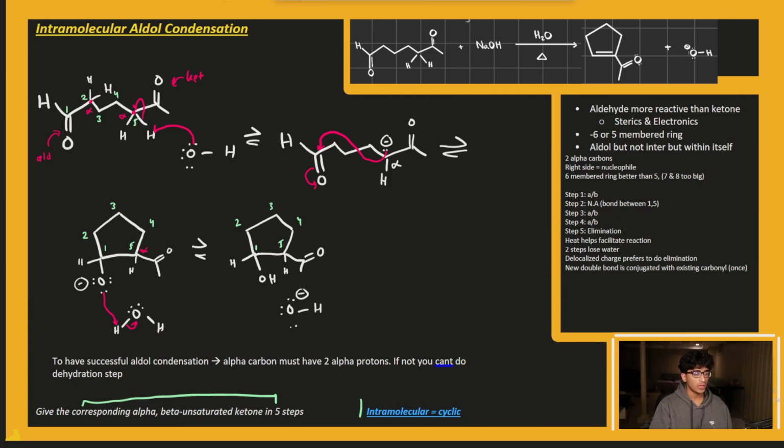I think it's called dehydration. We needed this second hydrogen to be there so we could do this step. Remember right here we have two alpha hydrogens. The second alpha hydrogen is now being taken. We needed there to be two of them. If there was only one, it would not have worked out. So now put that charge on that carbon.